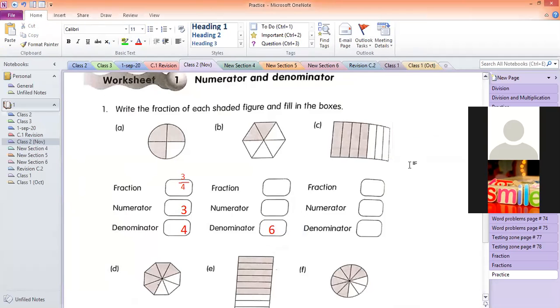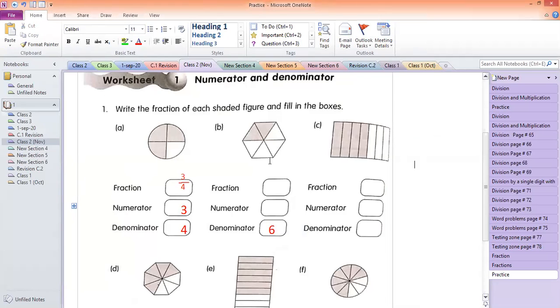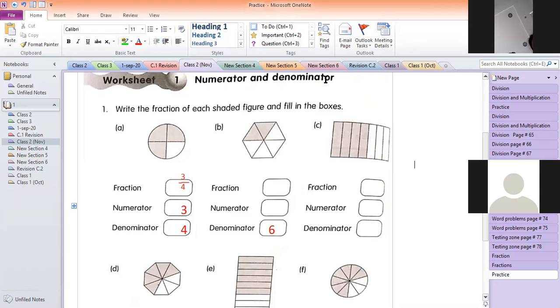Okay. Now I want to write the numerator. For the numerator, you have to check how many parts are shaded. So I am going to open the chat. You have to tell me the numerator, guys.